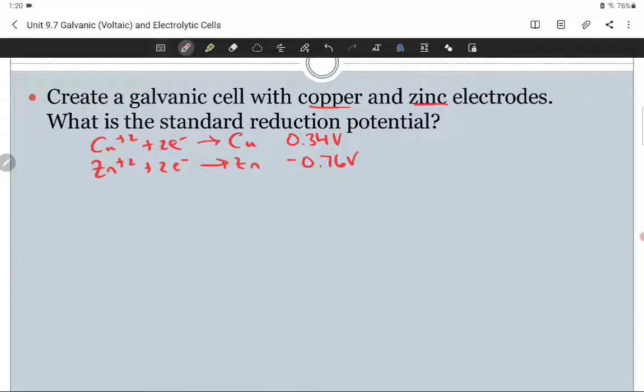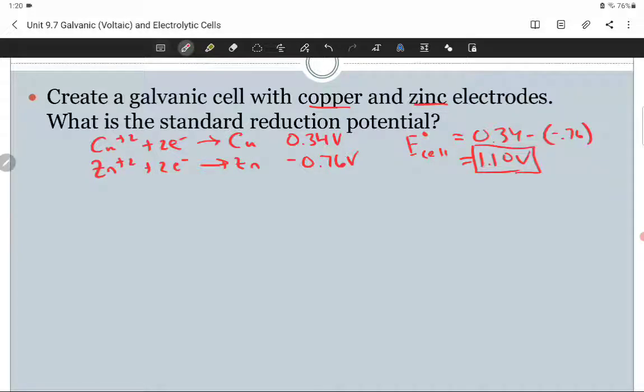Okay, so now we need this to happen. We need that to be positive. So the only way we're going to get that to be positive is if we put the 0.34 first and the negative 0.76 in the back, and that's going to equal 1.10 volts.